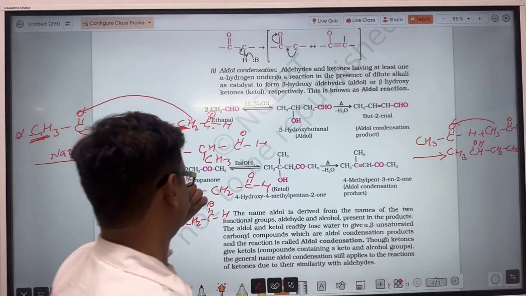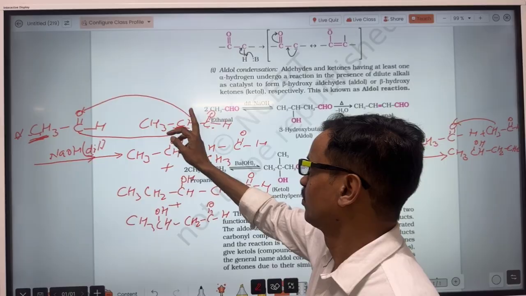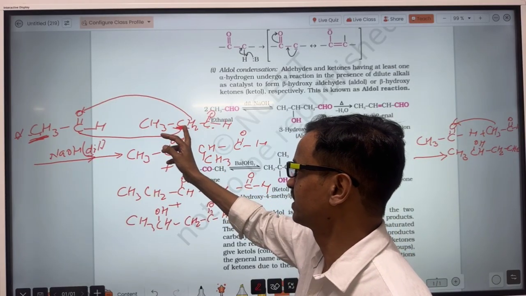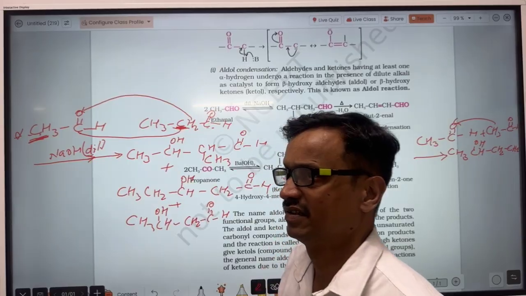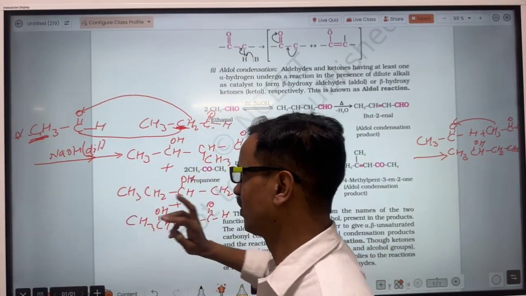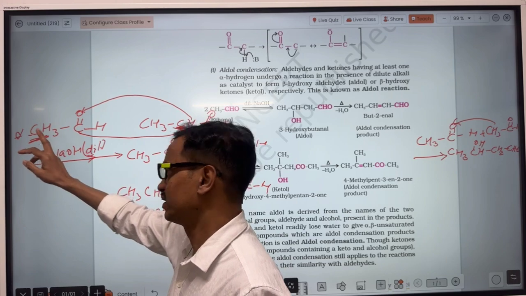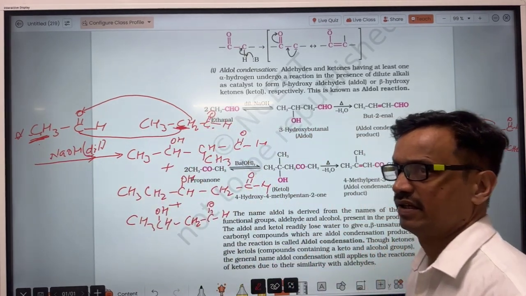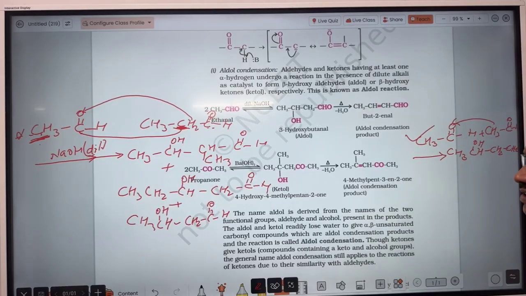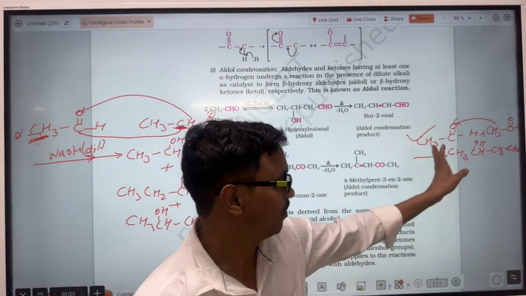That means there is a transfer of alpha hydrogen from the propanal to the ethanal. The same product will form by the transfer of hydrogen from the ethanal to the propanal. In the same way, there will be transfer between the ethanal molecules.